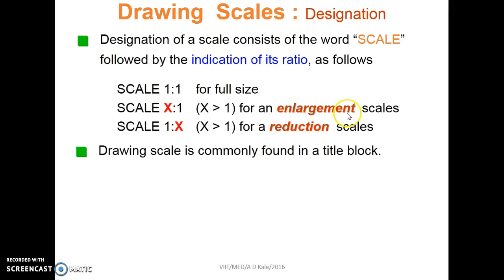The enlarged scales are called X:1, that means the actual dimension will be smaller than the drawing size of the object. Whereas if the drawing size is less than the actual size, then it is called a reduction scale.